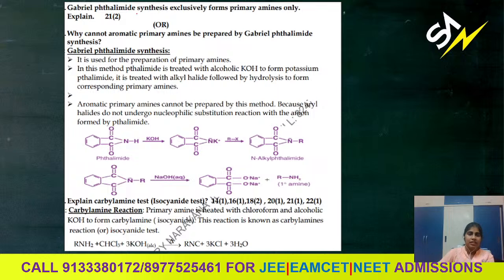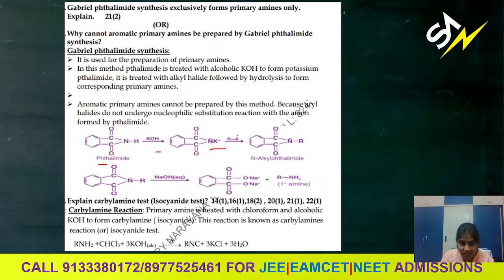And next, in this amines chapter we have the Gabriel phthalimide synthesis, which is the reaction for preparation of primary amines. What happens in this? The phthalimide reacts with KOH and forms the potassium salt.